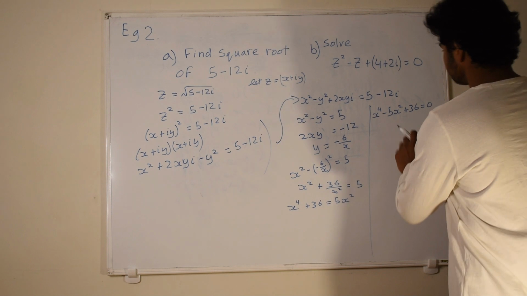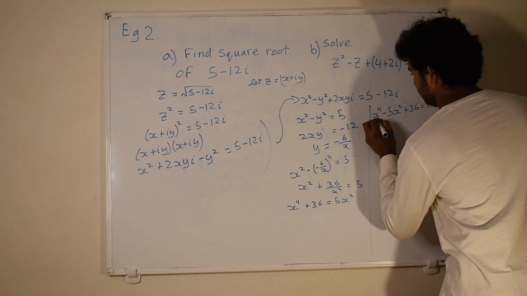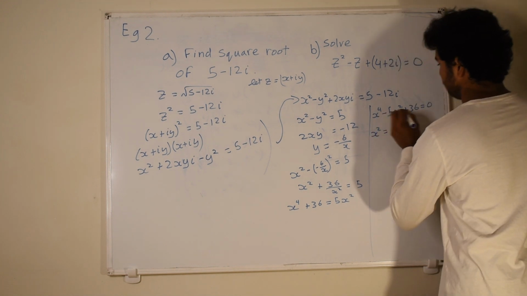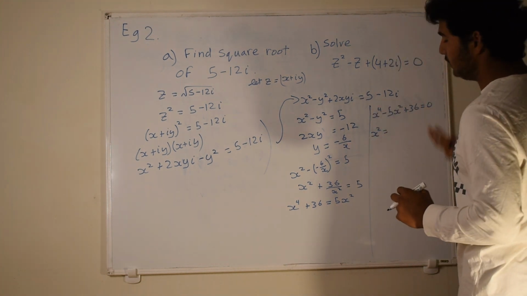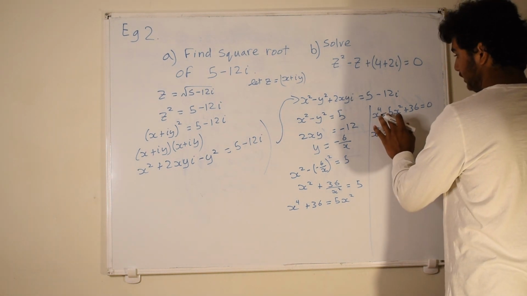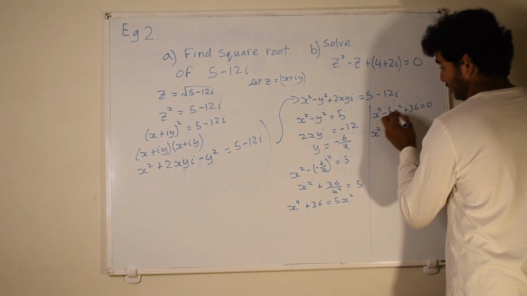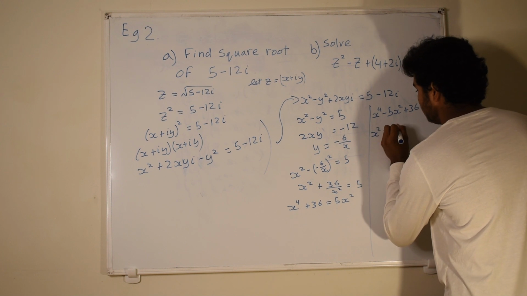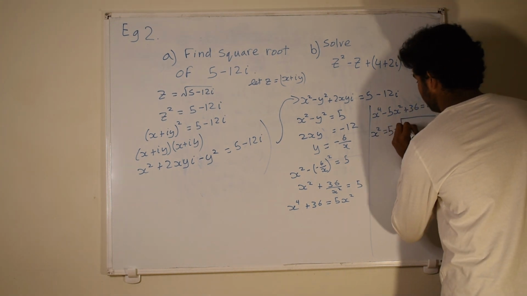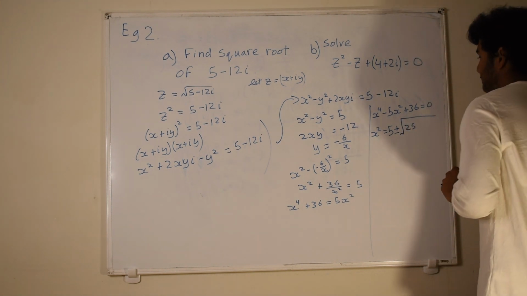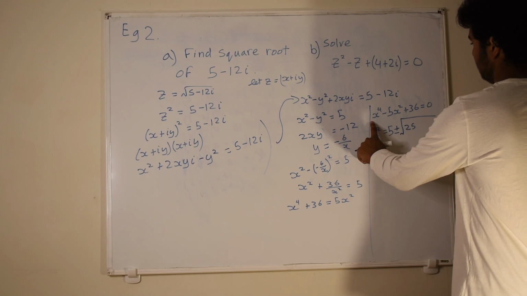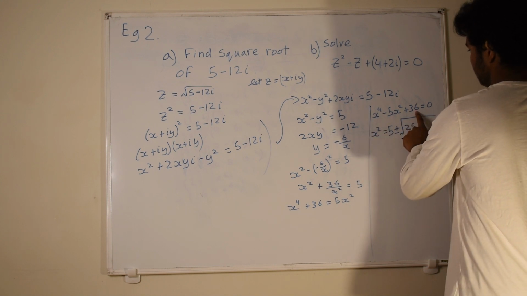Now that we've got that, we solve as a quadratic. We've got a, b, c like in a quadratic form. So x squared equals minus b, which is minus 5, which is 5, plus minus the square root of b squared, which is 25, minus 4 times a times c.